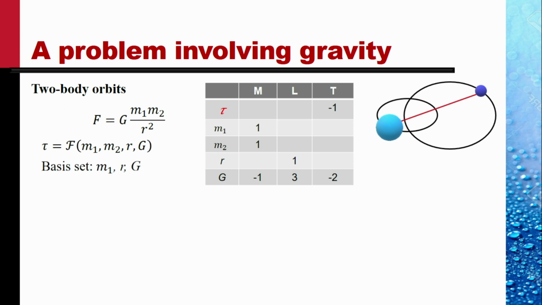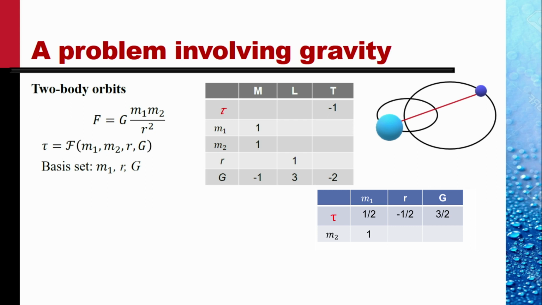We use m1, r, and G as the basic set, and we do this, the dimension of tau comes out to be m1 raised to power 1 half, r raised to power minus 1 half, and G raised to power minus 3 by 2. And of course, the dimension of m2 would be simply m1. m2 by m1 is dimensionless.